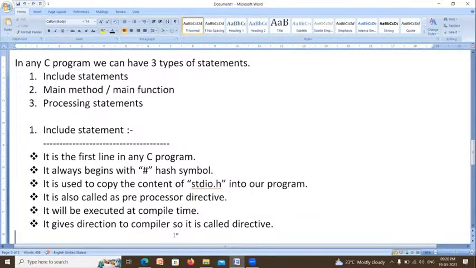It is also called preprocessor directive. It executes at the time of compilation. It gives direction to the compiler.